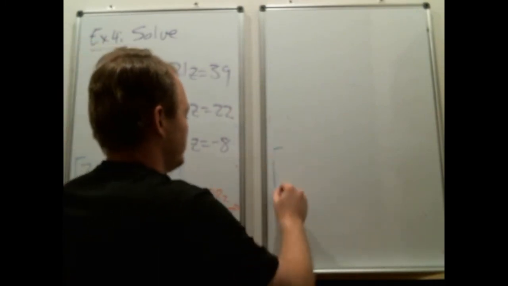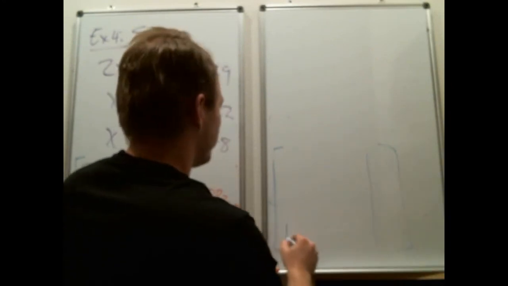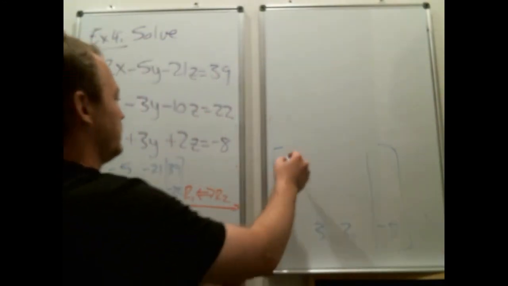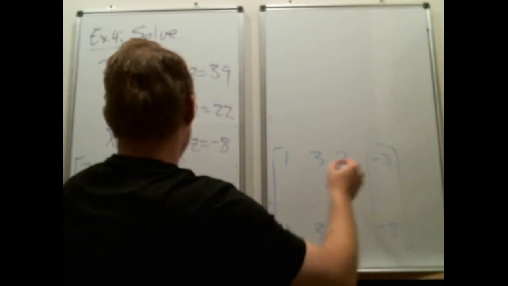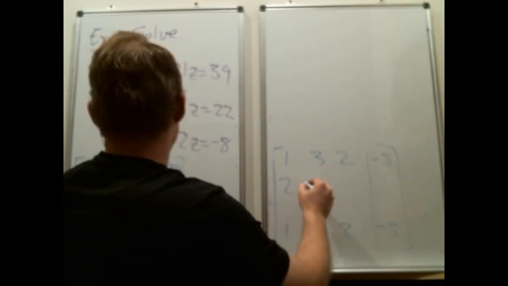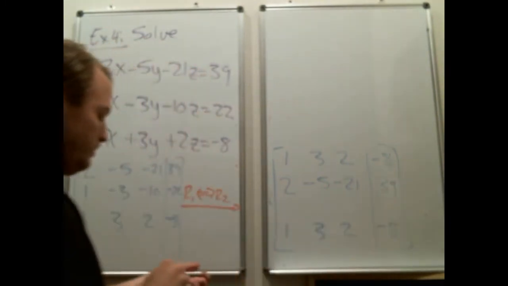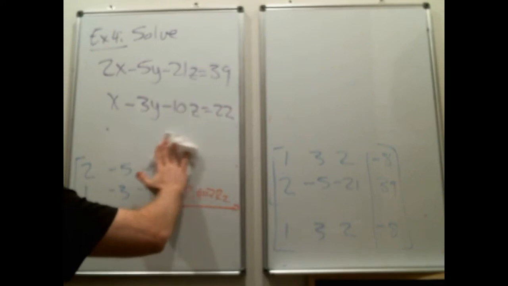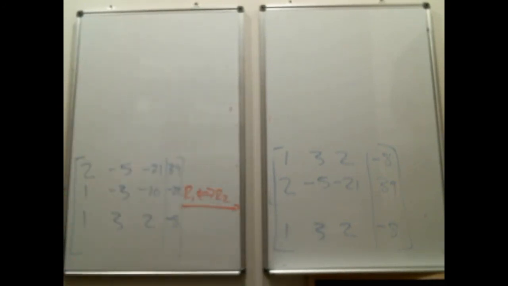Alright. So the row that's not changing is row 3. And 1, 3, 2, negative 8, 2, negative 5, negative 21, 39. Okay, I messed up here.